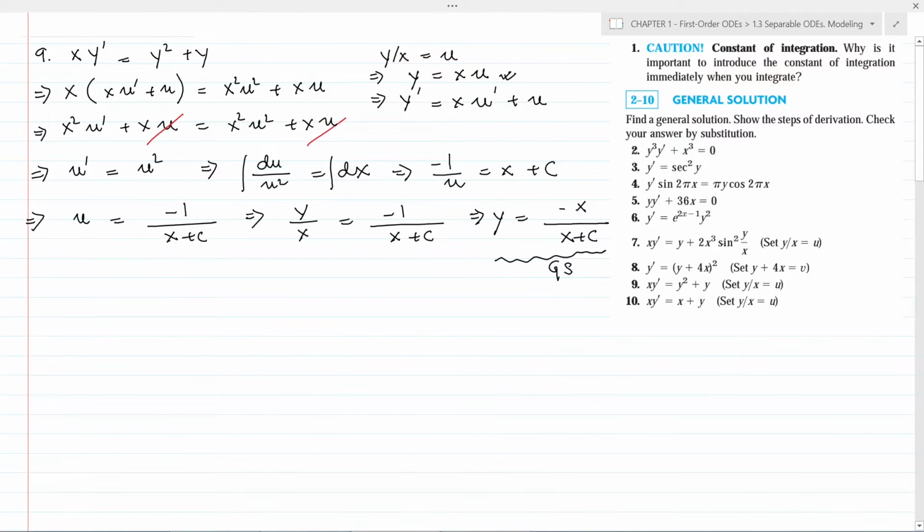Now we will substitute this general solution into the original differential equation to see whether it satisfies or not.